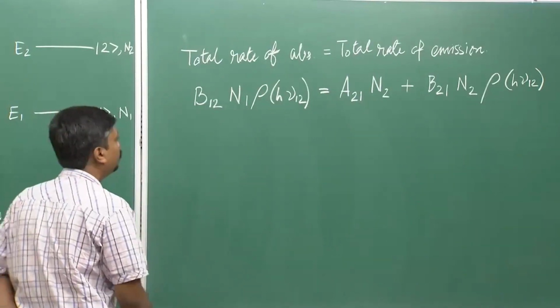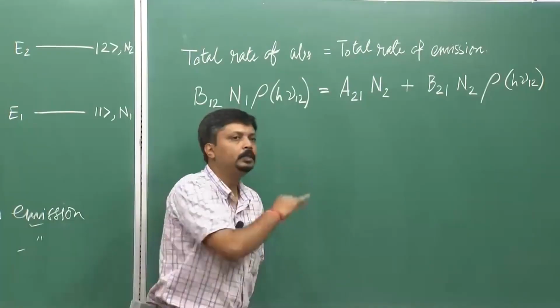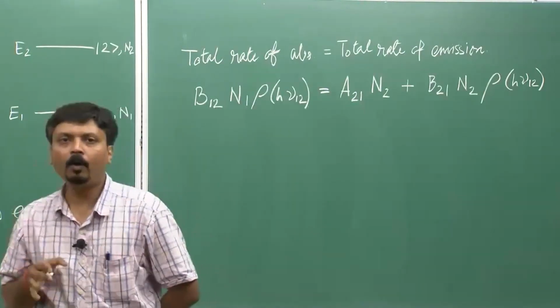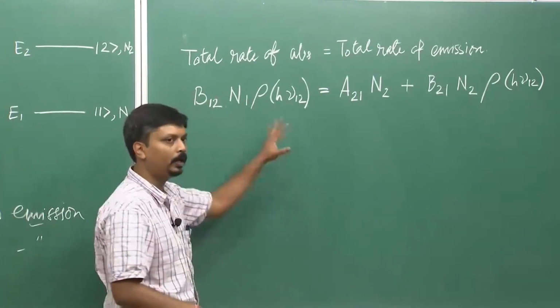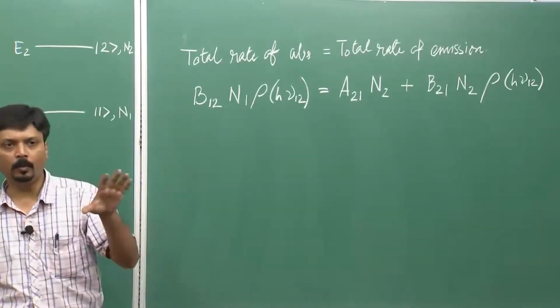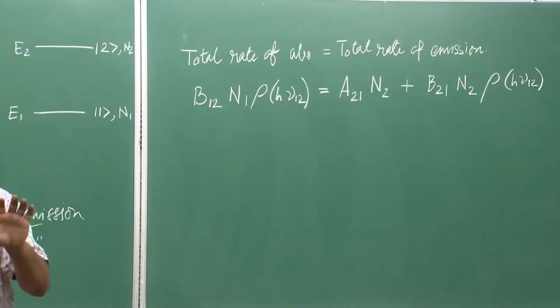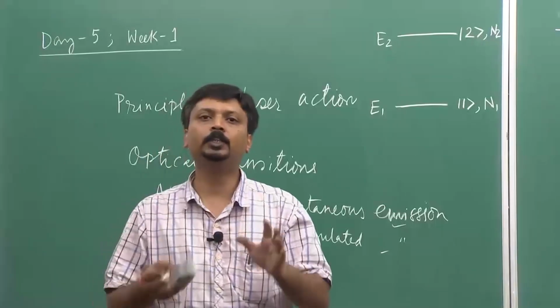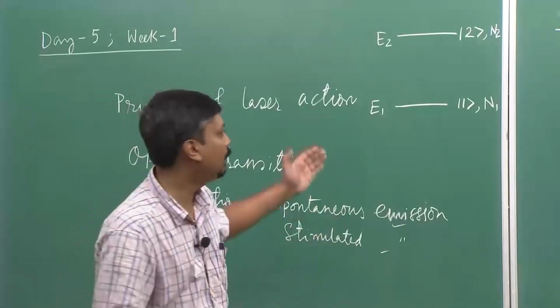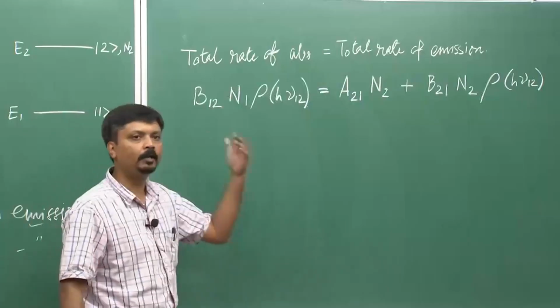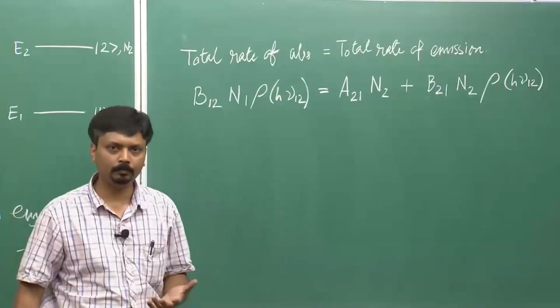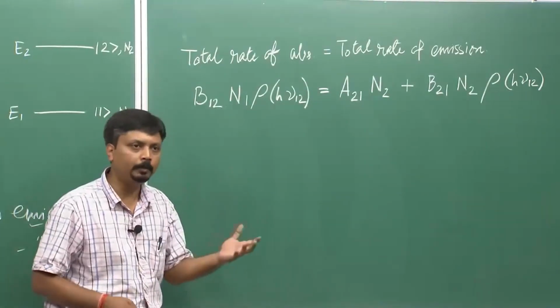We are going to use this to see how Einstein brought his model of black body radiation, where he assumed a black body to be constituted of several such two level oscillators as we have shown here, and see if we can come to Planck's law, which it should be.